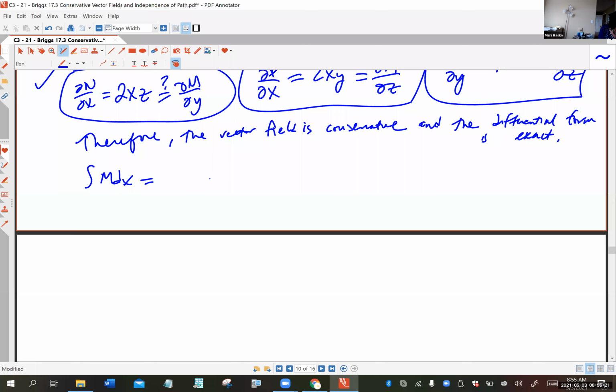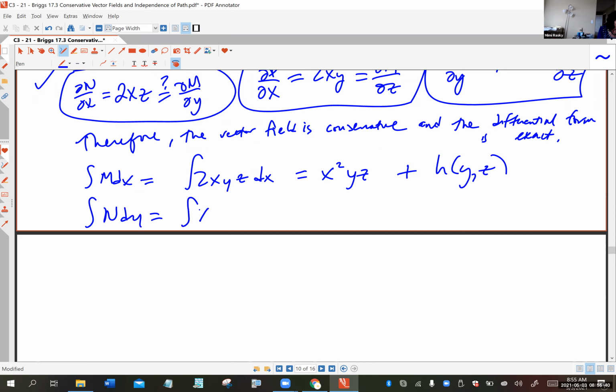So what is the integral of 2xyz dx? I think that's going to be x squared yz, and then acknowledge there's extra junk, h of the other two variables, y and z. How about N dy?